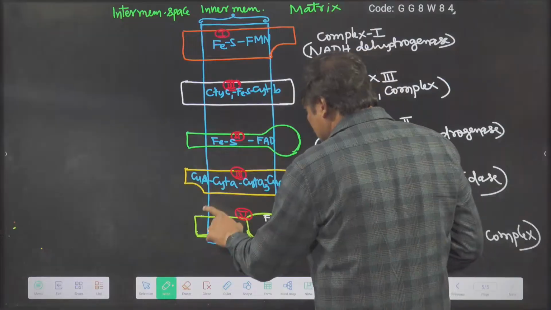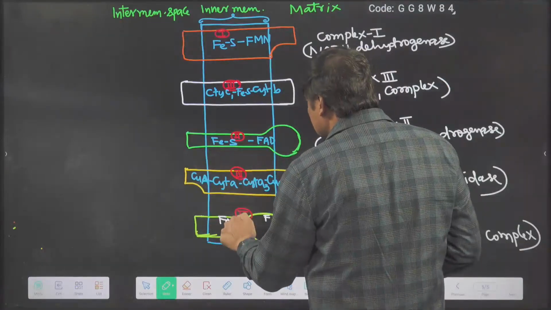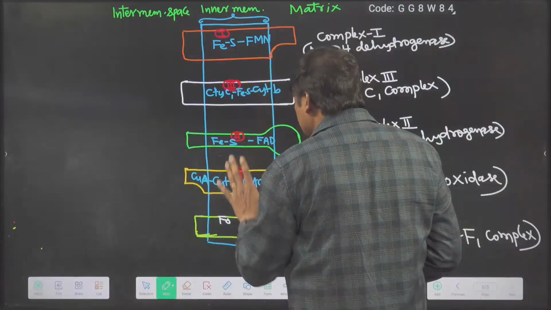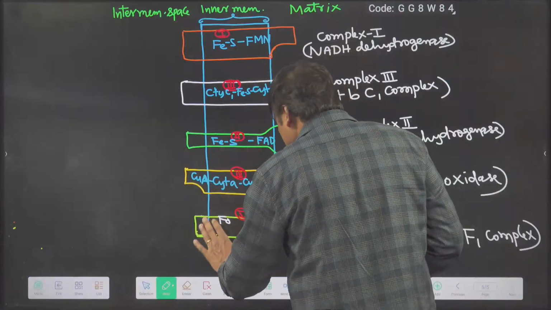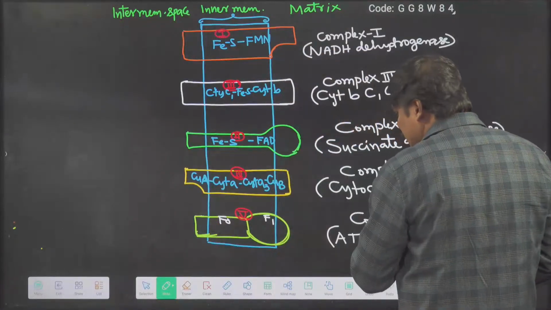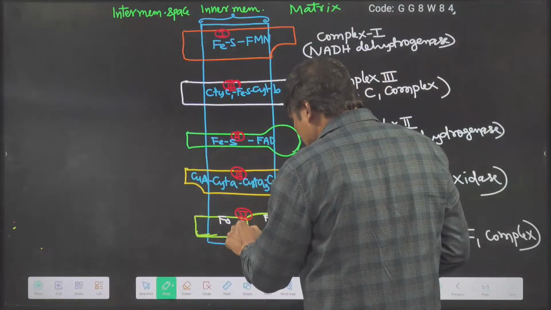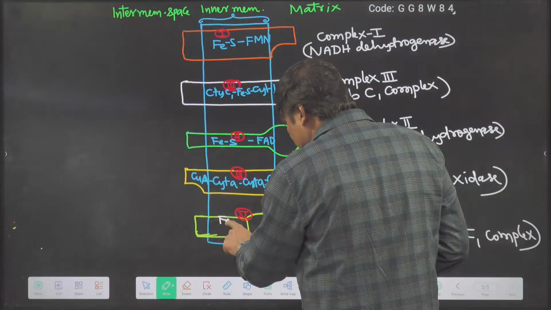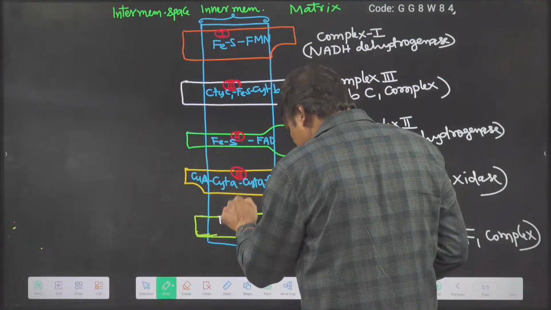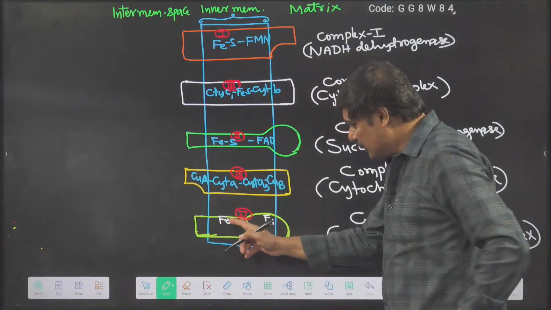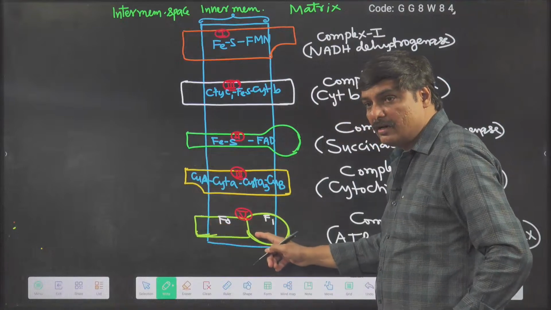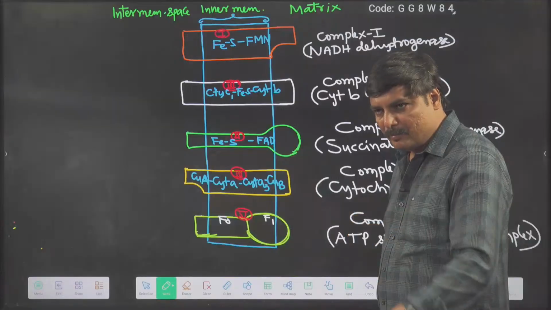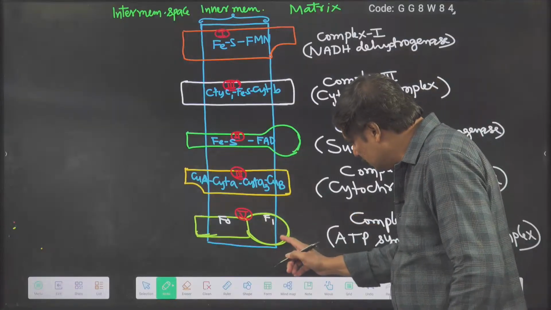And the last complex, in which electrons are not transported, only protons are transported, is called ATP synthase. It is also called F0 F1 complex. F0 acts as a transmembrane channel, an integral part of the membrane, and this is the head.